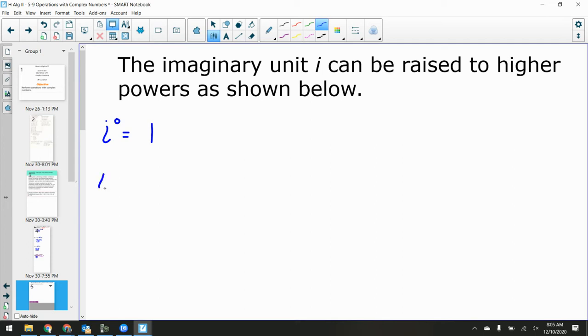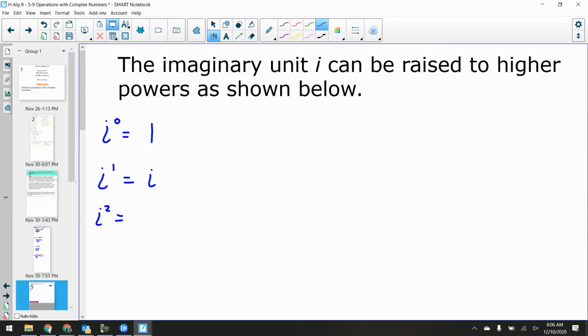Okay, what is anything raised to the first power? Itself, right? So like 2 to the first is 2, 3 to the first is 3. So i to the first is i. Okay, let's analyze i squared. What is i?